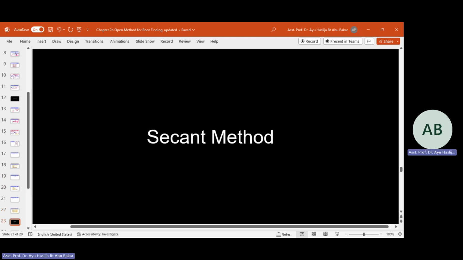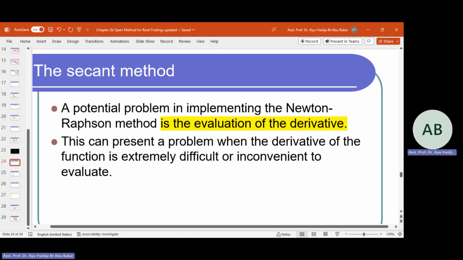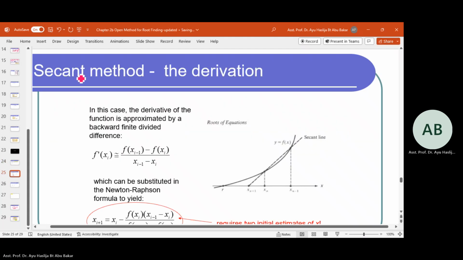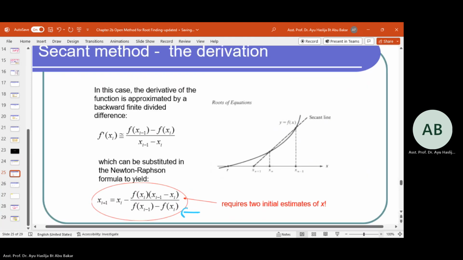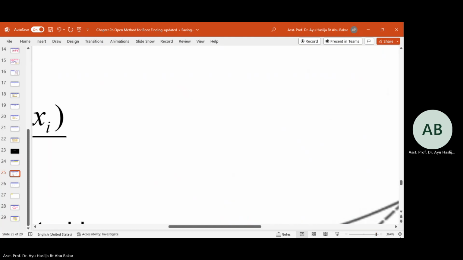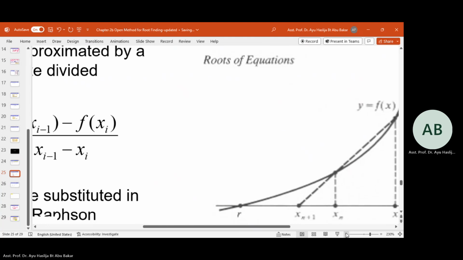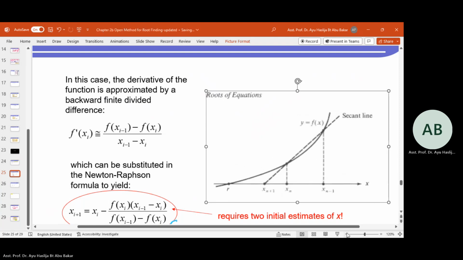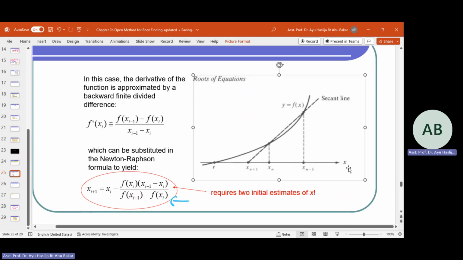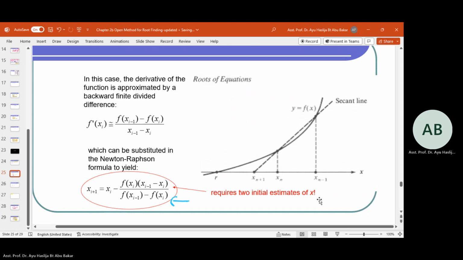I'll proceed to the secant method. Basically, the secant method approach is quite similar to Newton-Raphson.